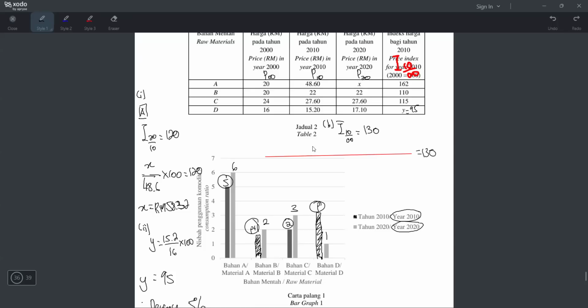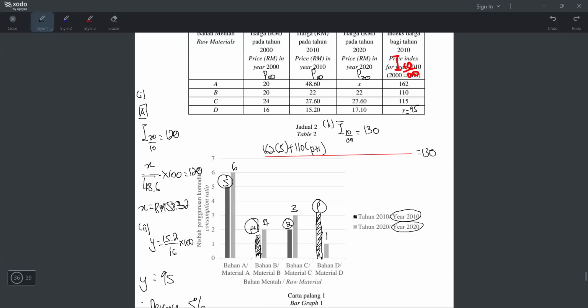So now I can masuk semua nilai itulah. But you need to take the I for 2010 and 2000, which is this one lah. Kebetulan dia dah ada. Okay, so you can see this is the composite index for 2010, 2000. This one is also price index for 2010, 2000. So dia punya year dah sudah match, so kita boleh guna I yang ni. So it will be 162 times with the weightage for A 5 plus 110 times with the weightage P plus 1.